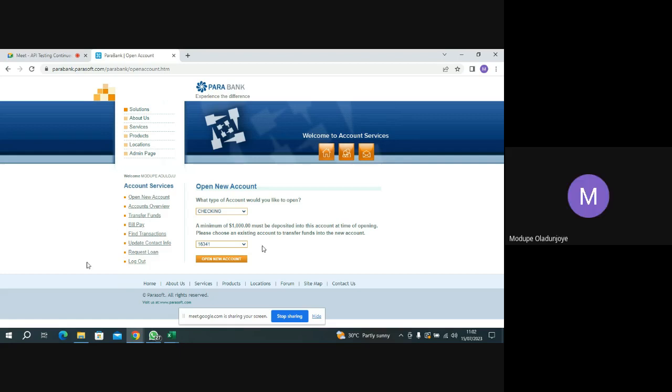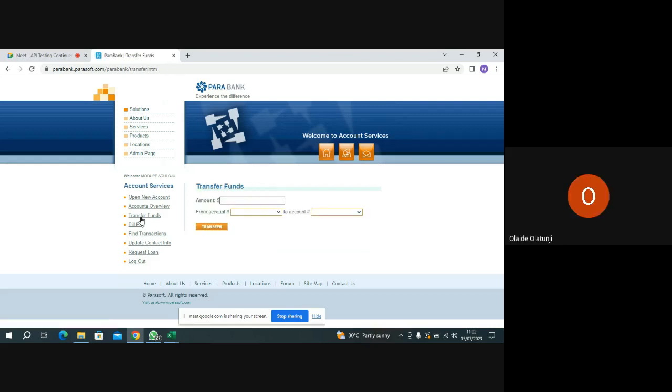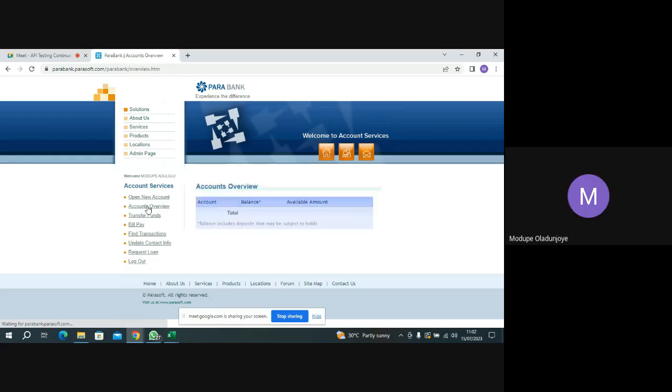Okay. Did I try transfer funds? Account overview. Oh, okay, account overview is next. Are you able to view account history? Or do you have a test case for it?